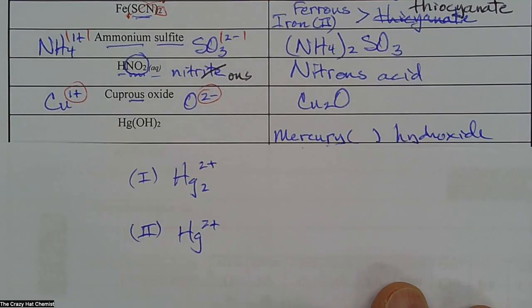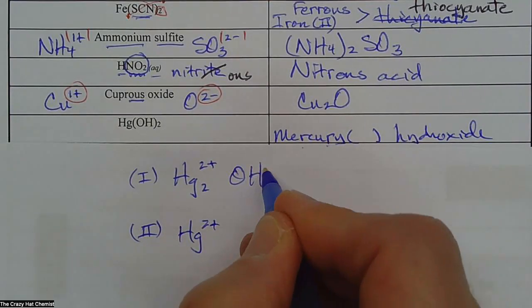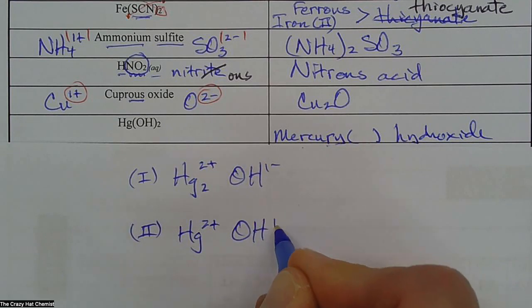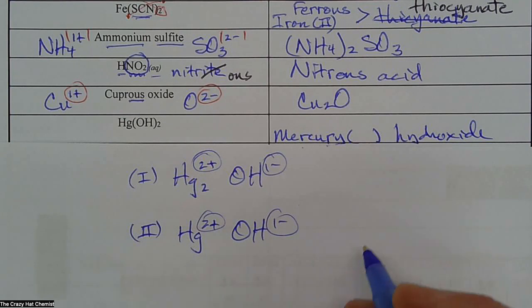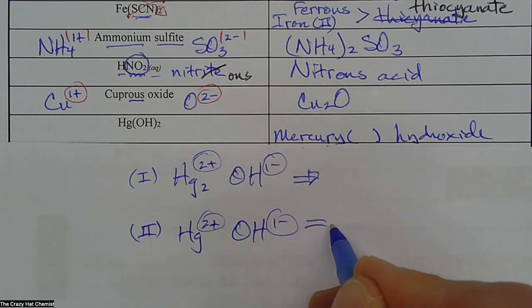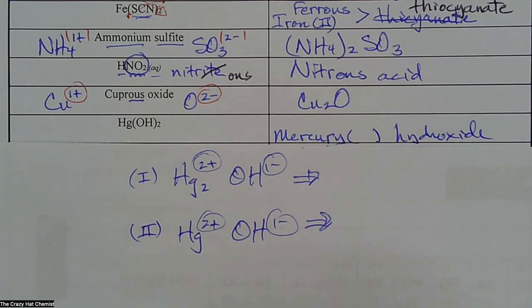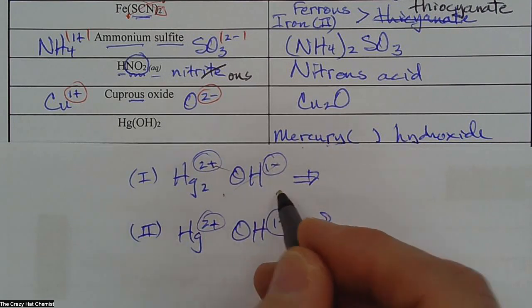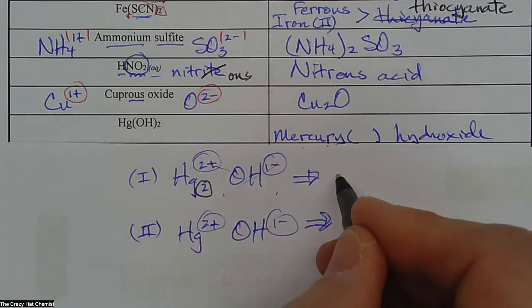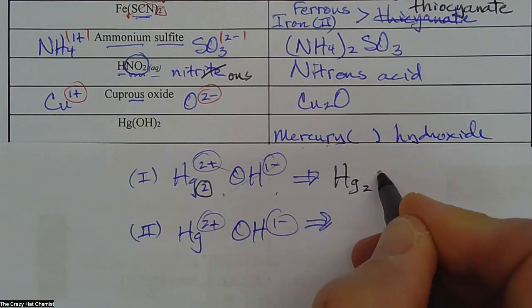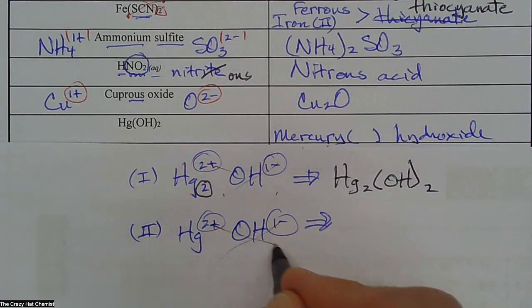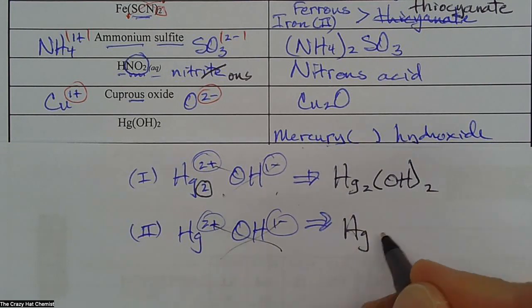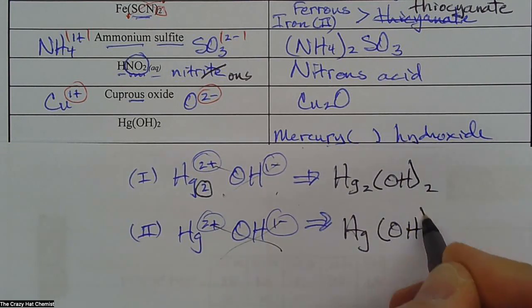Okay, and so I need to figure out with this hydroxide, which one is it? So again, you're going to take the absolute value of the numbers, flip them, bring them down. And so I'm going to figure out what these two formulas are. So that flips down, that flips down. This 2 must stay there. So it's going to be Hg2(OH)2. And then this flips and that flips. This is Hg(OH)2.